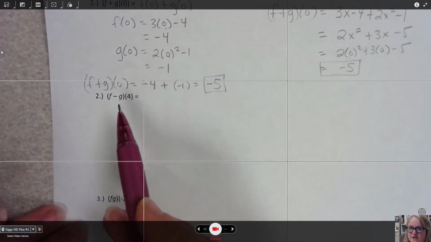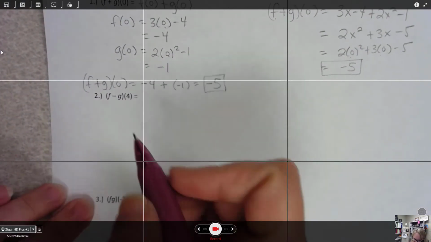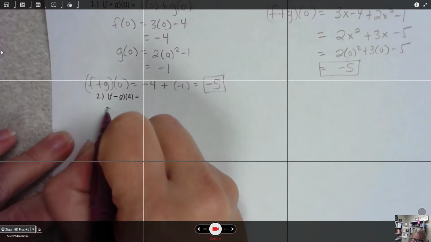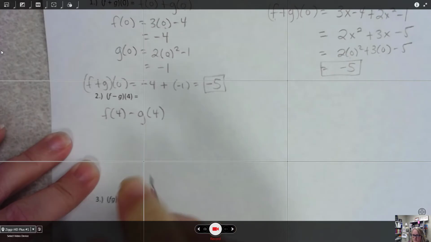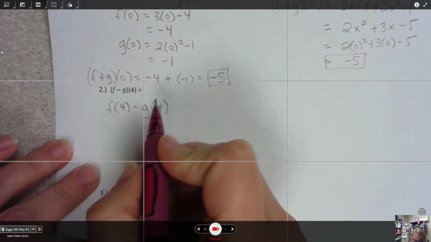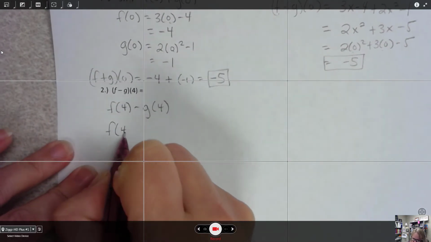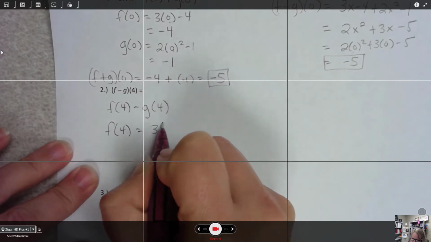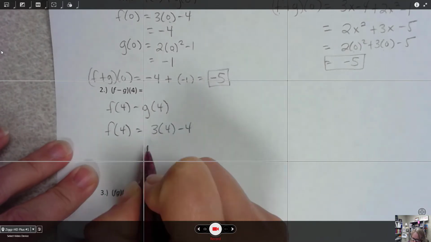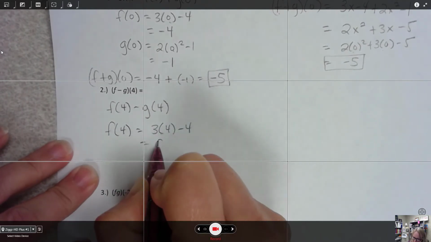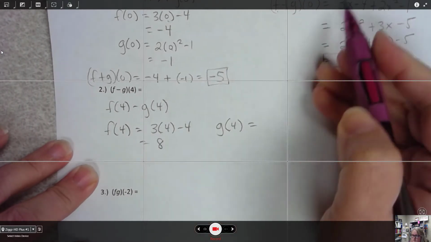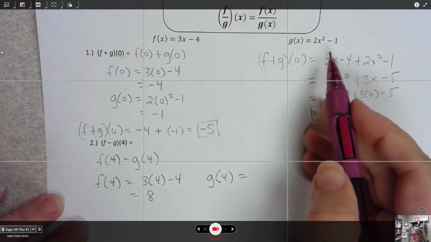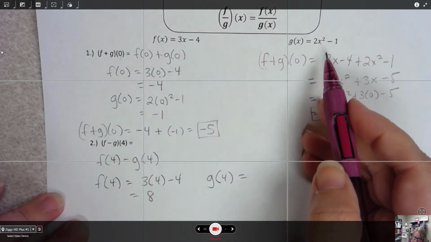For f minus g of 4, I'm going to find f of 4 and subtract from it g of 4. So f of 4 would be 3 times 4 minus 4. 12 minus 4 is 8. G of 4, here's my g, 2x squared minus 1.